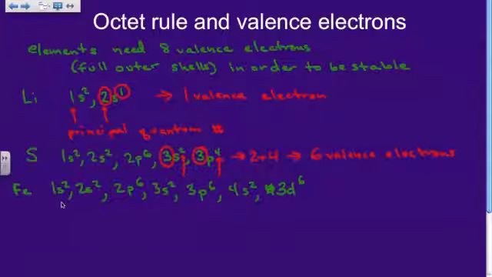Remember, if you remember the order of all of your subshells, 3d comes after 4s in terms of potential energy. However, 4 is still a larger quantum number than 3. So in terms of which electrons are valence electrons, we look at these ones here, 4s2. So this has 2 valence electrons.